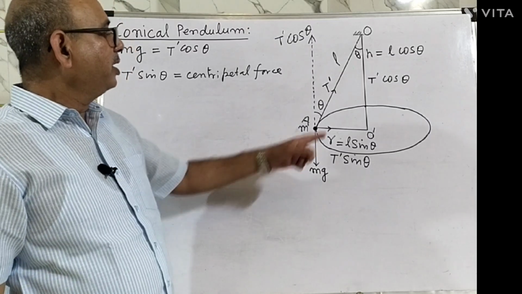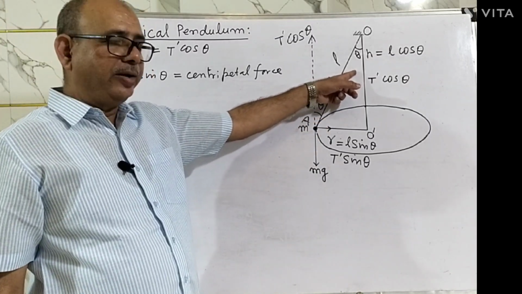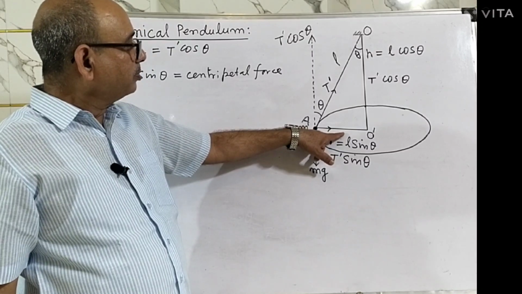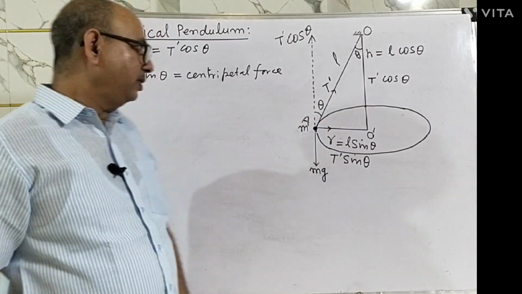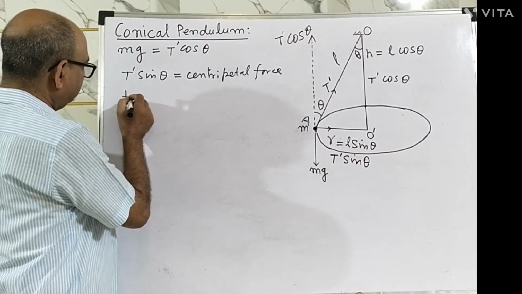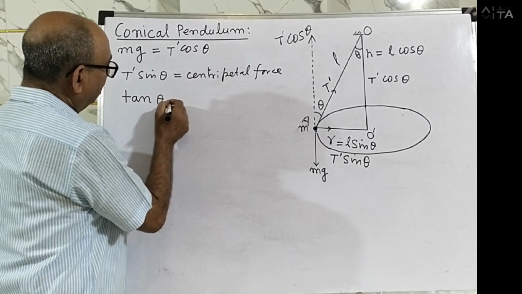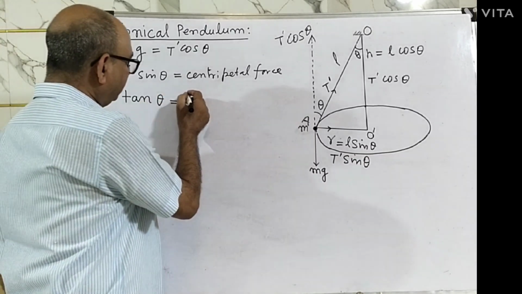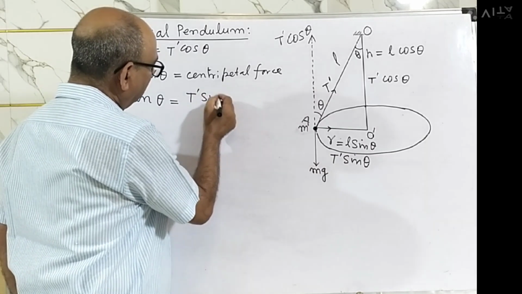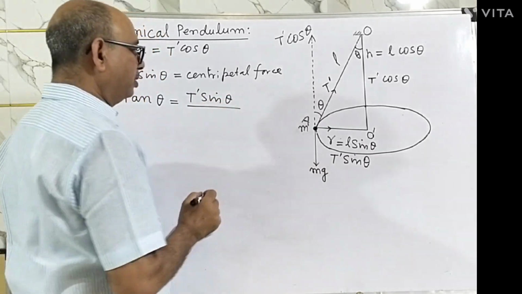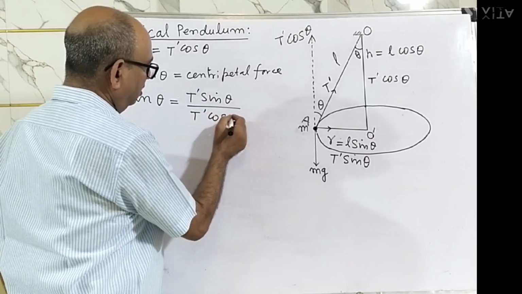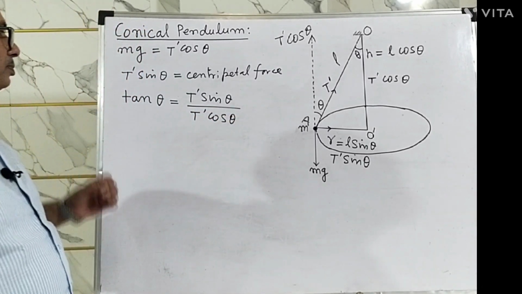Therefore, we will take here the tan theta, because tan theta will involve the opposite side of theta and the adjacent side. That means tan theta is equal to T dash sin theta divided by T dash cos theta.